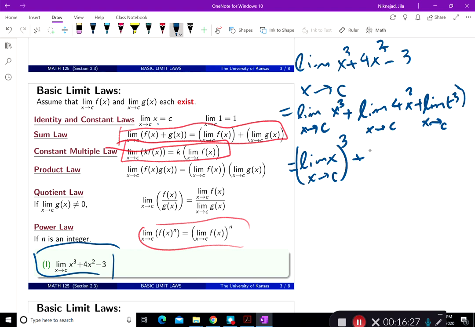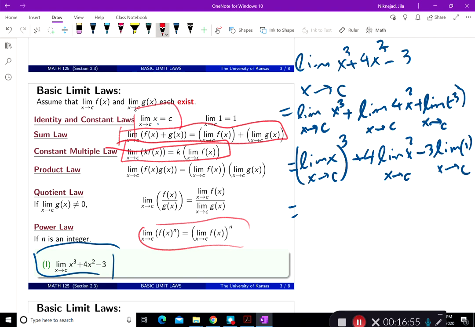So this time 4 comes out, limit as x goes to c of x squared. For the last one, I'll also use the constant coefficient, and I get negative 3, limit of 1 as x goes to c.